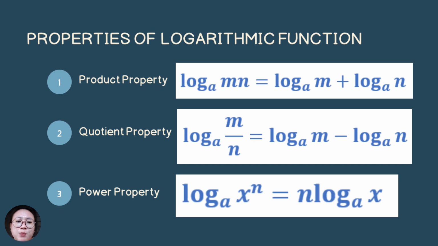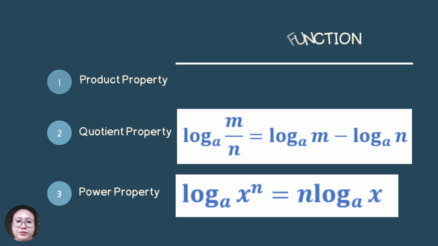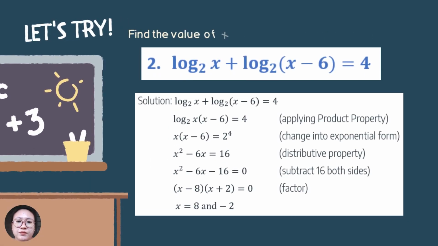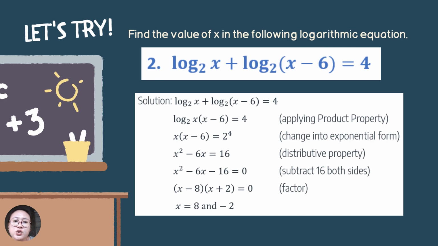Now let's use these properties to solve logarithmic equations. We can solve this given problem using the properties of logarithm. Given is the logarithm of x to the base 2 plus the logarithm of the quantity of x minus 6 to the base 2 is equal to 4.